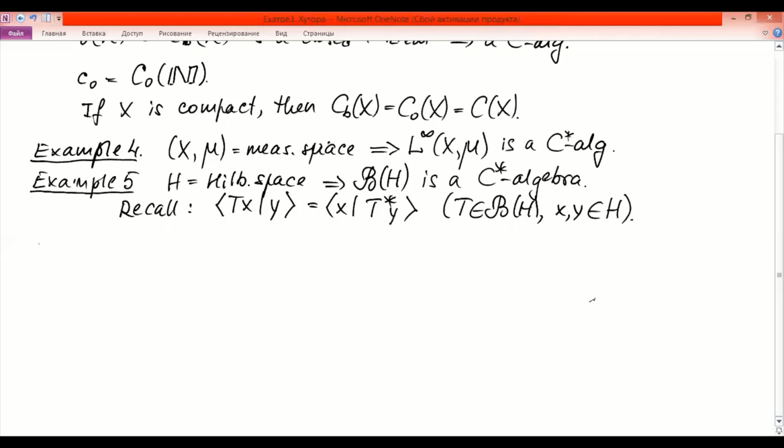Example 6. Again, we suppose that H is a Hilbert space.